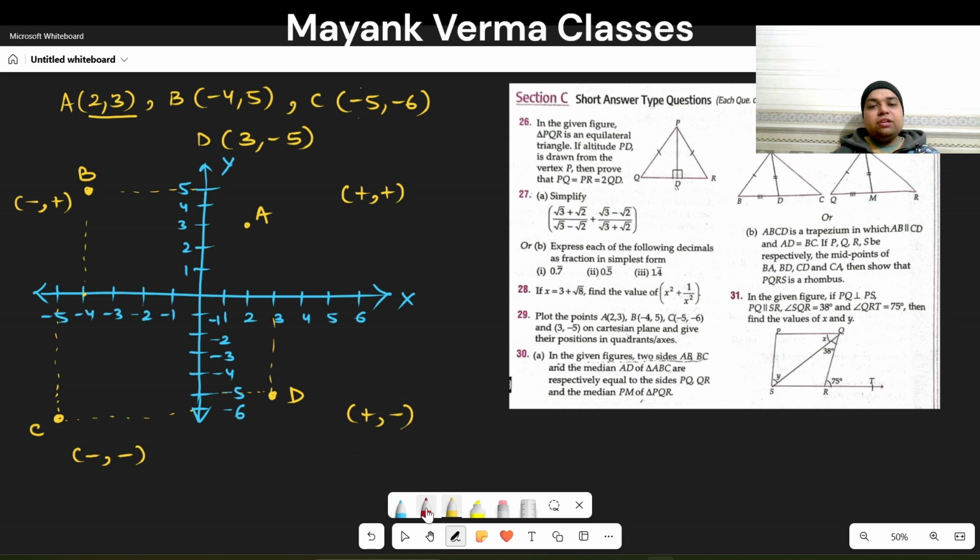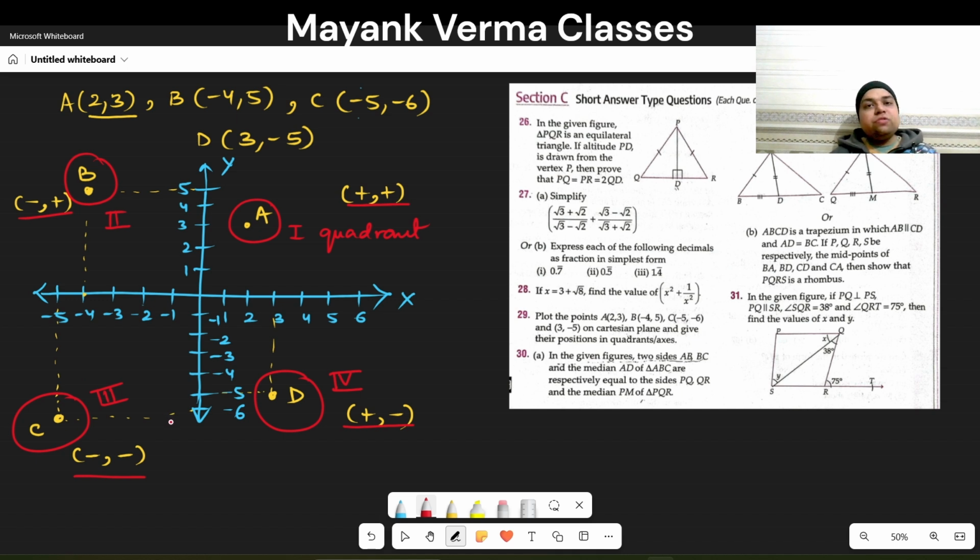So if we see carefully, A will be in the first quadrant, B will be in the second, C will be in the third, and D will be in the fourth. So you will first draw the graph, and then you will say that this is the format for every quadrant, and you can then say A belongs to first, B belongs to second, C belongs to third, and D belongs to fourth. Okay, like that you will answer this question.